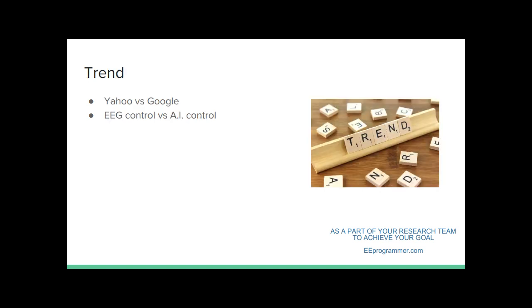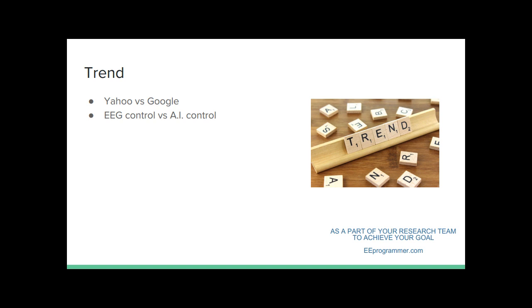Trend. Trend is also important. Why is it important? In 1997, Yahoo was the largest search engine. Everyone on earth knew about Yahoo. After 20 years, this year is 2018.